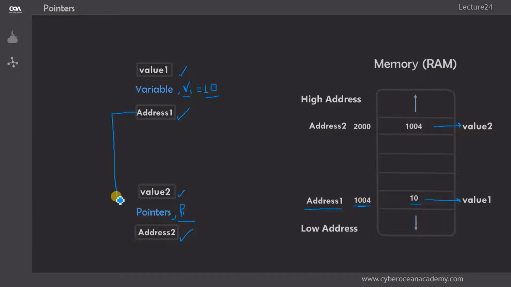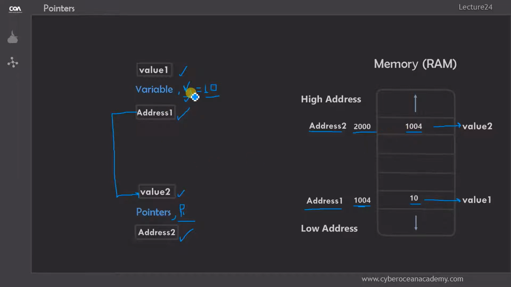So this address becomes the value of this pointer variable, and addresses are given randomly by the computer memory. This is address 2, and here I assume for this pointer variable p1 the address is 2000, that is the address of our pointer variable. But when we talk about the value, the data part, this data is 1004, that is the address of variable v1.